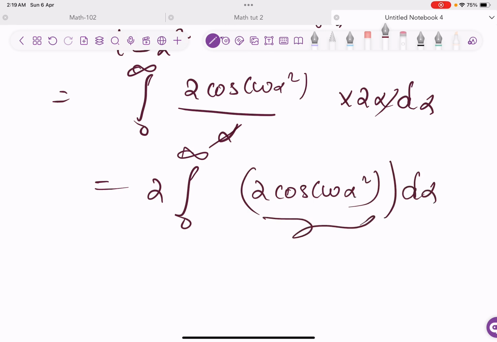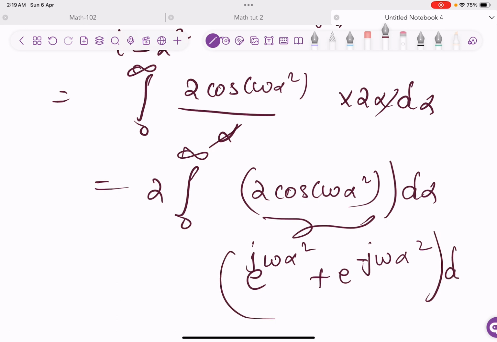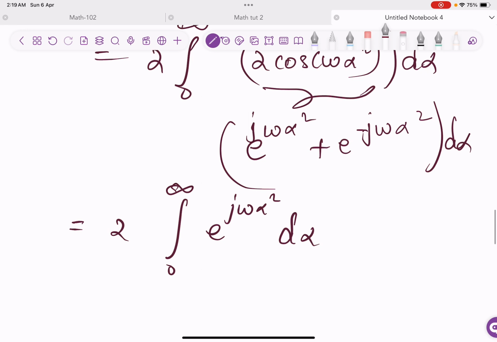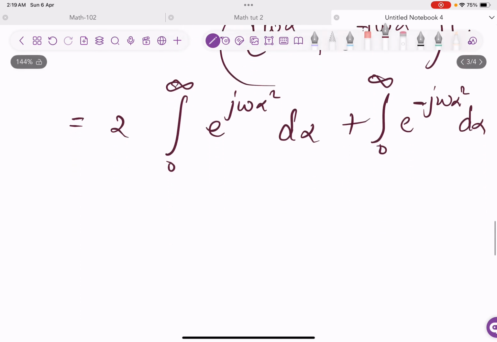Now this is basically e power j omega alpha square plus e power minus j omega alpha square. So now again, the integral from 0 to infinity of e power j omega alpha square d alpha, plus the integral from 0 to infinity of e power minus j omega alpha square d alpha.